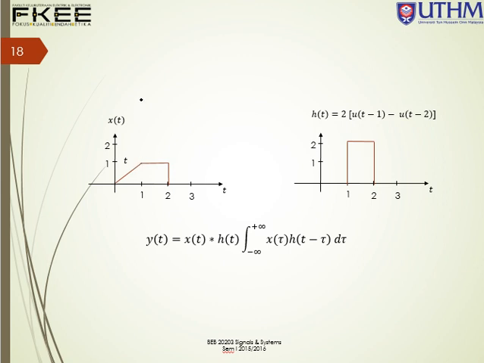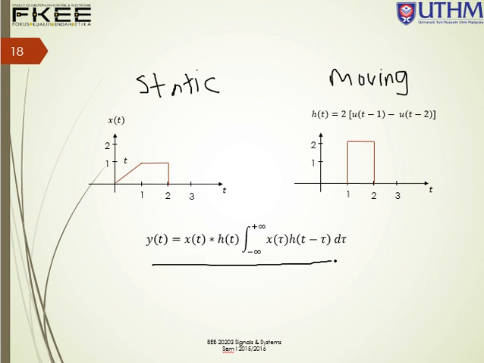So because of that, x(t) will become the static signal, and h(t) will become the moving signal. So our equation will be x(t) convolved with h(t), where we have x(t) as the static signal and h(t) as the moving signal.